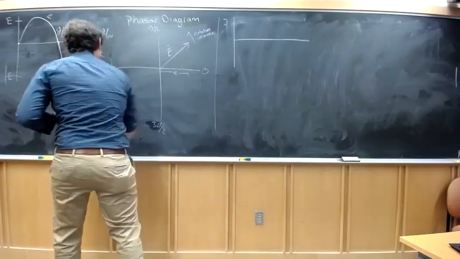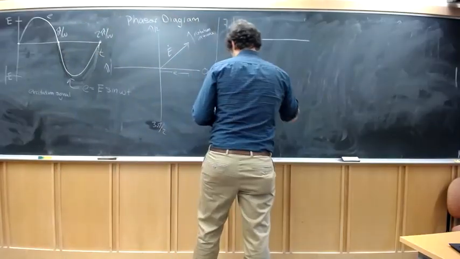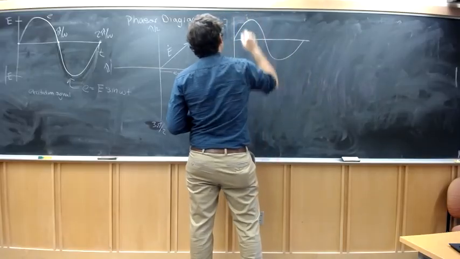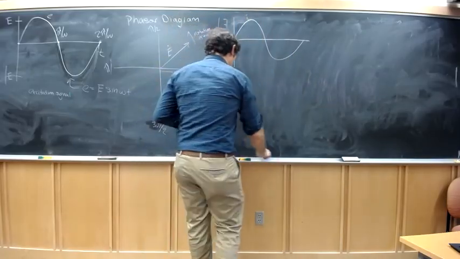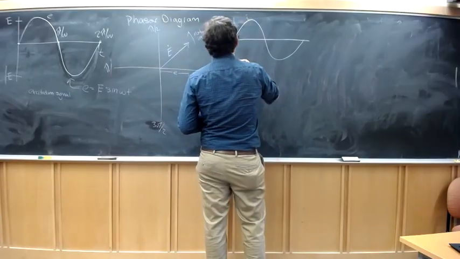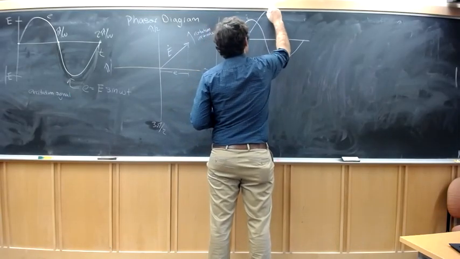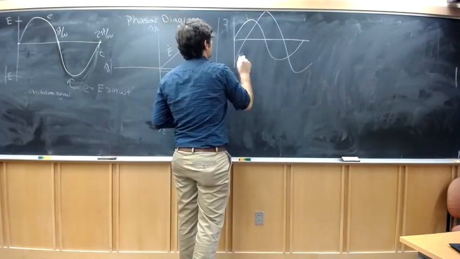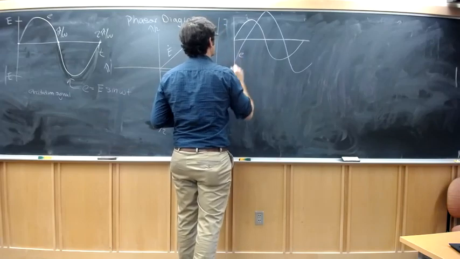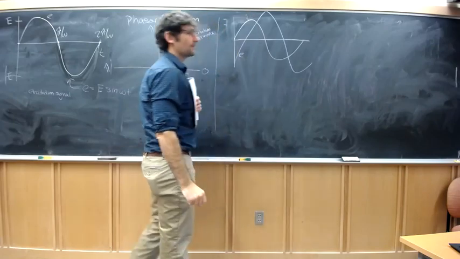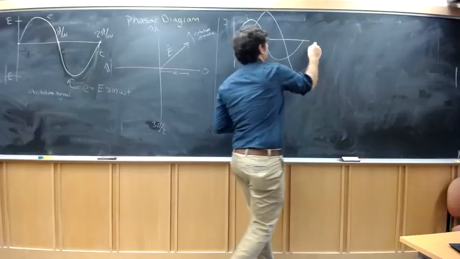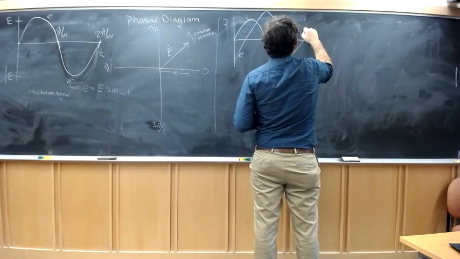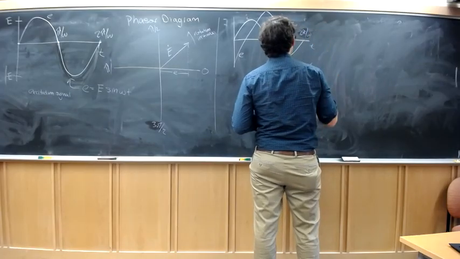I'm going to draw the current response. And this is just kind of how we define things, but here's the current. And it might be offset from the voltage signal, right? Okay. So if this is E, this might be I. This is a function of time. And this is 2 pi over omega.